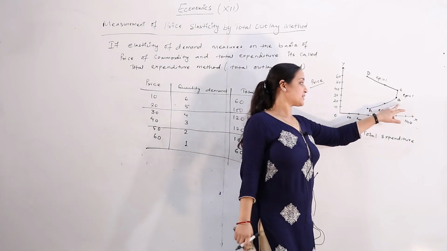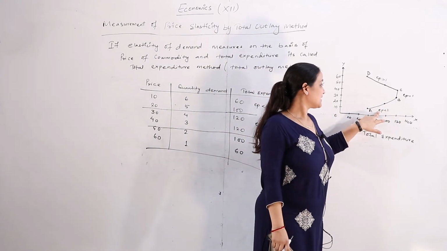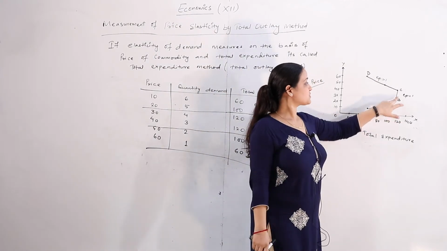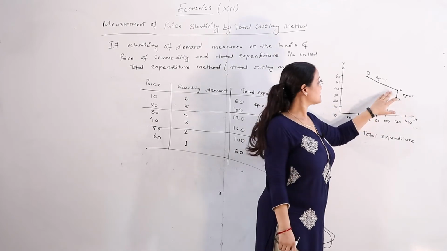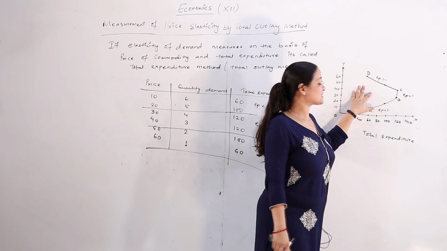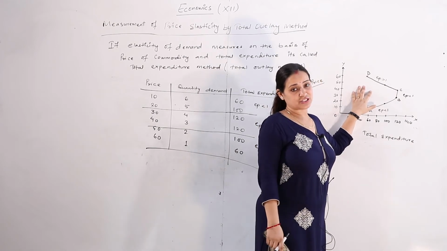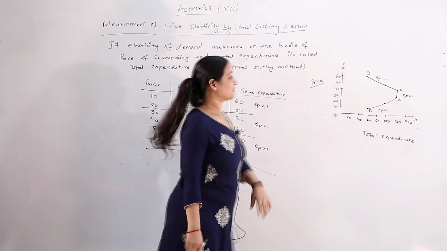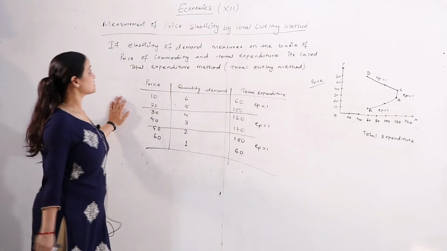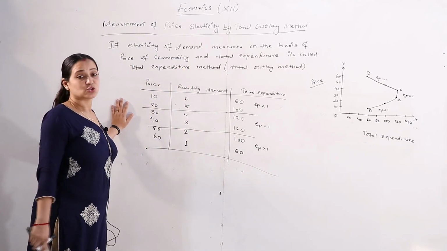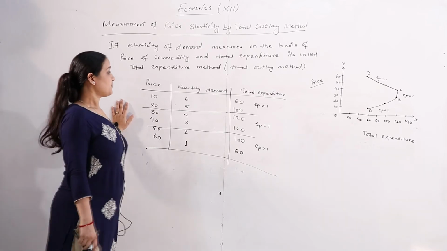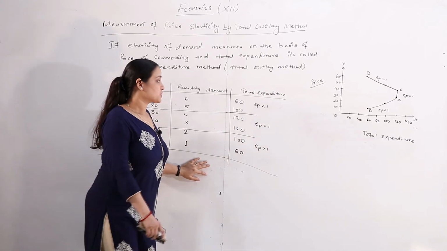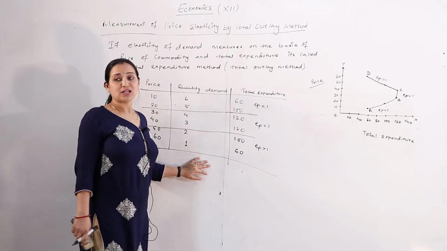So the A to B segment shows the elasticity is less than unity, B to C shows the elasticity is equal to unity, and C to D shows the elasticity is greater than unity. So this is explained with the help of the figure and table, how we measure the price elasticity by the total expenditure method. So here are the various types of relation between the price and total expenditure.